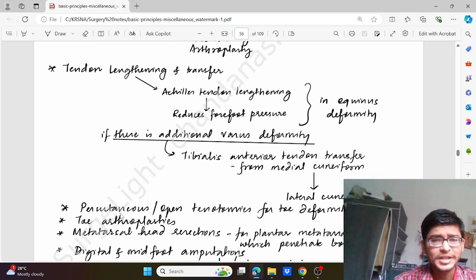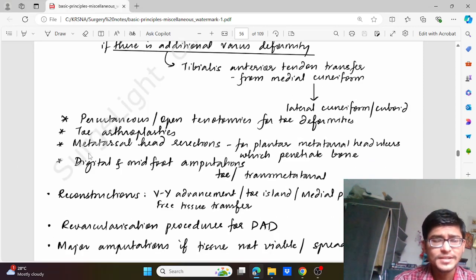Others include percutaneous or open tenotomies for toe deformities or toe arthroplasties, and metatarsal head resection for plantar metatarsal head ulcers which involve the bone.